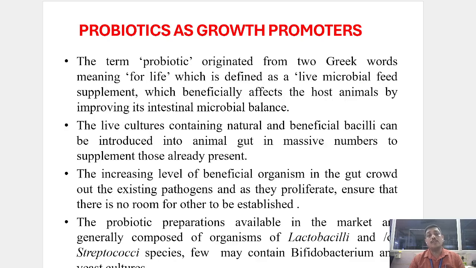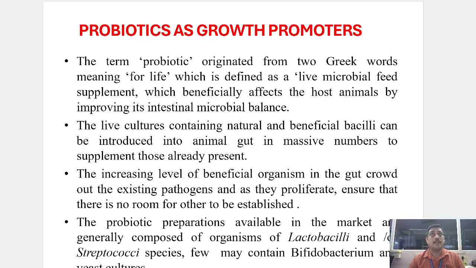Okay. Now, what should be the ideal characteristics of a probiotic? First and foremost, it should be non-pathogenic to animals, and also to humans who consume these products. So it should not be a pathogen.